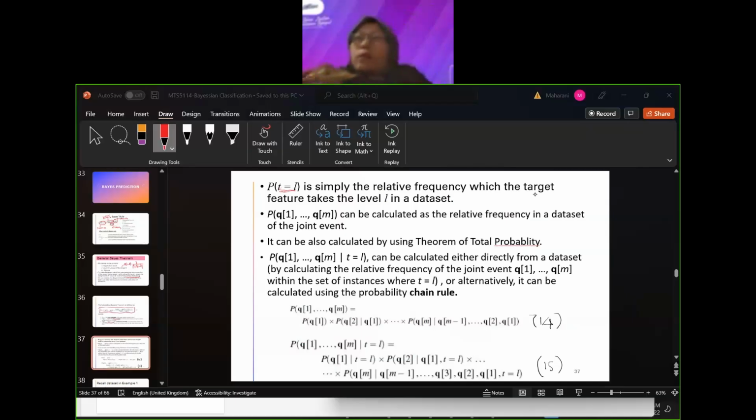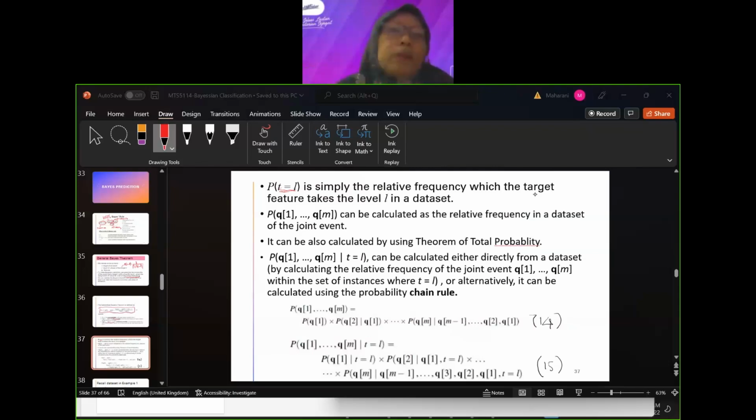For instance, the probability of T equals yes: you find how many yes in this column, and then divide by the whole dataset. That is how to compute the probability of T equals L.